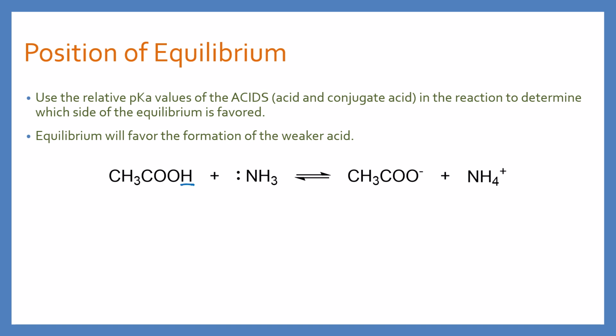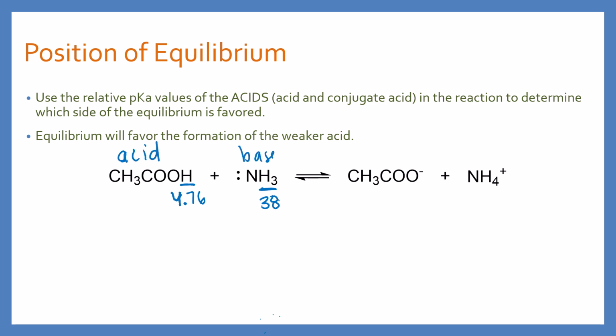So the pKa of acetic acid is around 4.76. The pKa of ammonia, one of these protons, is about 38. So acetic acid is going to be our acid here because its proton is much more acidic, meaning ammonia will be able to remove it, whereas acetic acid does not have anything that would allow it to pull off a proton that has a pKa of 38.